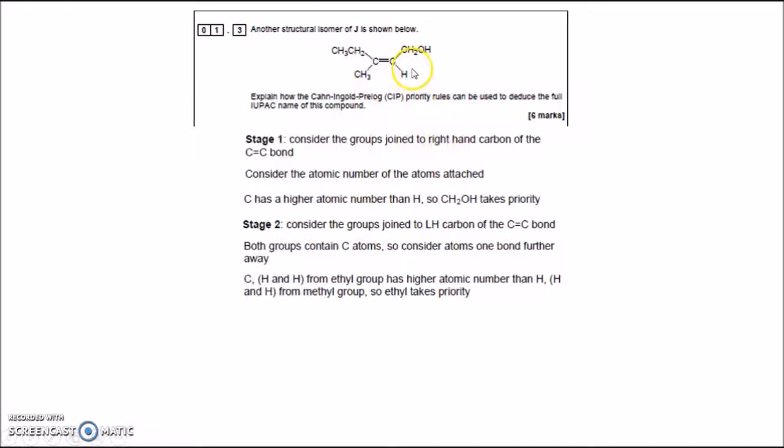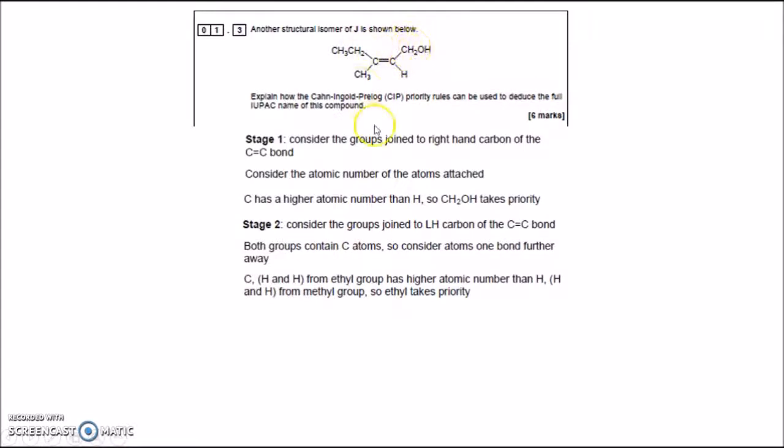To the right hand side we then look. This is actually easier because this carbon here to the right hand side is bonded to a carbon. This way it's bonded to a hydrogen. So this carbon having an atomic mass of 12 compared to the hydrogen only having an atomic mass of 1. This has a higher atomic mass than this, and so this CH2OH group takes priority.